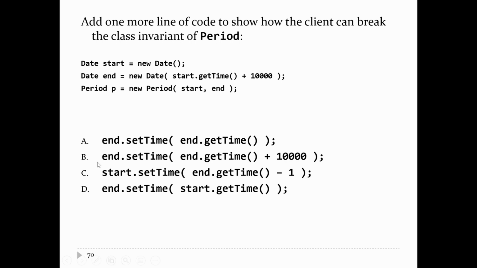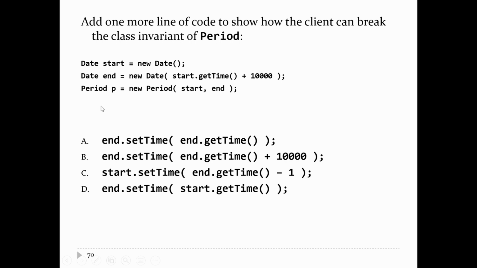So you look at your choices. end.setTime(end.getTime()) doesn't change the end time, so that doesn't do anything. end.setTime(end.getTime() + 10,000) means move the end time further into the future, so that doesn't do the right thing either. start.setTime(end.getTime() - 1) moves the start time 1 millisecond before the end time, so that doesn't do anything either. But end.setTime(start.getTime()) makes the start and end time the same, and that breaks the invariant.